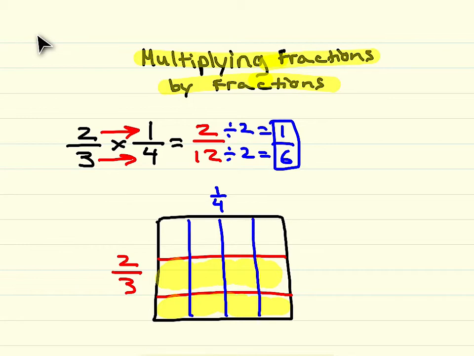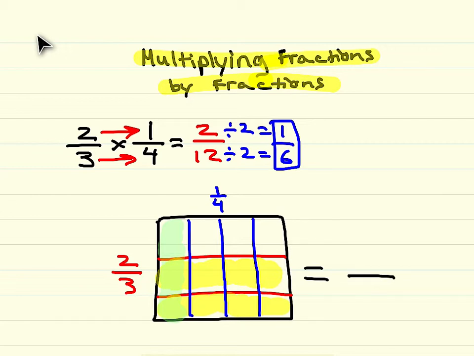To make my columns represent 1/4, I need to shade 1 of my 4 columns. I'll do this using green. Your product or answer for this problem will be represented by these squares.